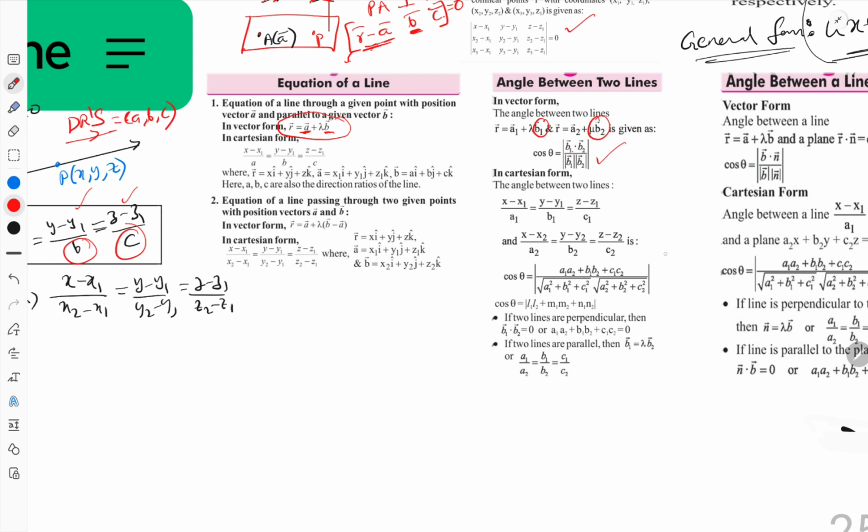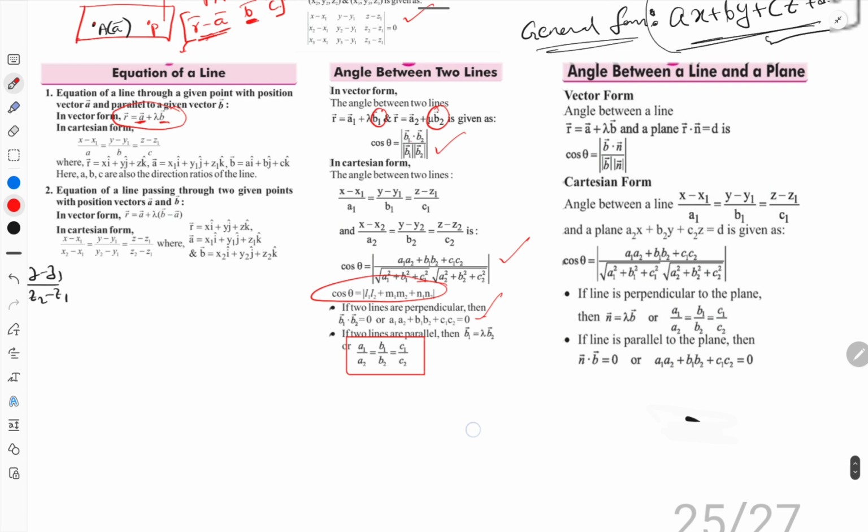In Cartesian form, cos theta equal to a1 a2 plus b1 b2 plus c1 c2 by root over a1 squared plus b1 squared plus c1 squared times root over a2 squared plus b2 squared plus c2 squared. If you convert it into direction cosines, then cos theta equal to l1 l2 plus m1 m2 plus n1 n2 in modulus. Whenever they are perpendicular, the dot product is 0, so a1 a2 plus b1 b2 plus c1 c2 equal to 0. If they are parallel, they are proportional: a1 by a2 equal to b1 by b2 equal to c1 by c2.